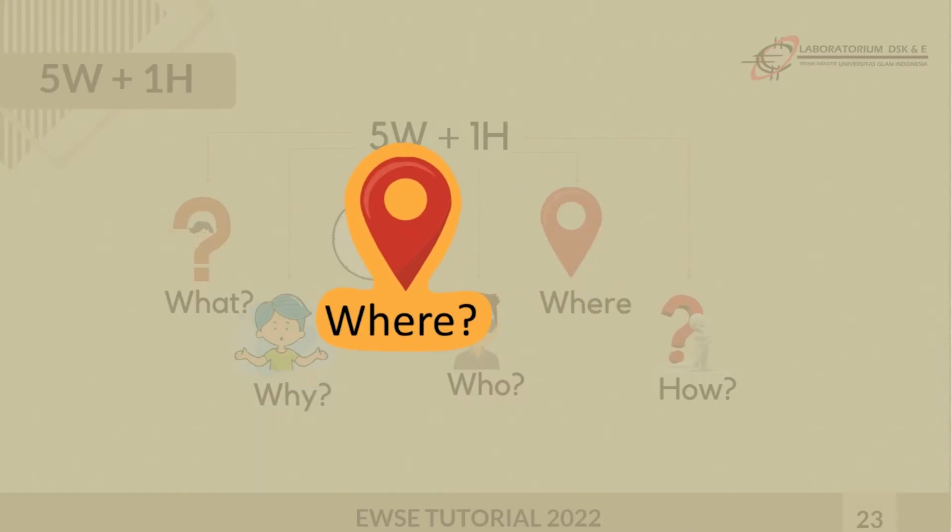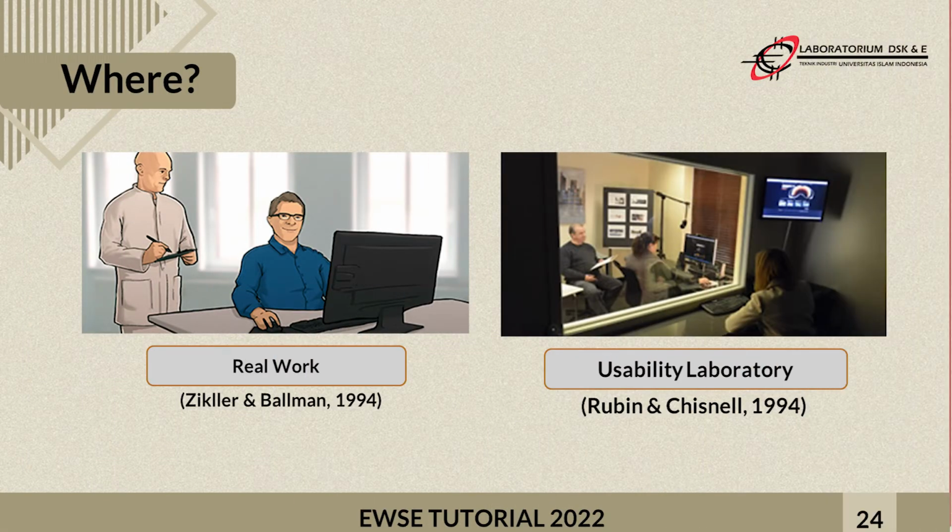Alright guys, that was the explanation about who. Now let's get into our last W, which is where. There are real work and usability laboratory. Real work means the original environment without any engineering intervention.